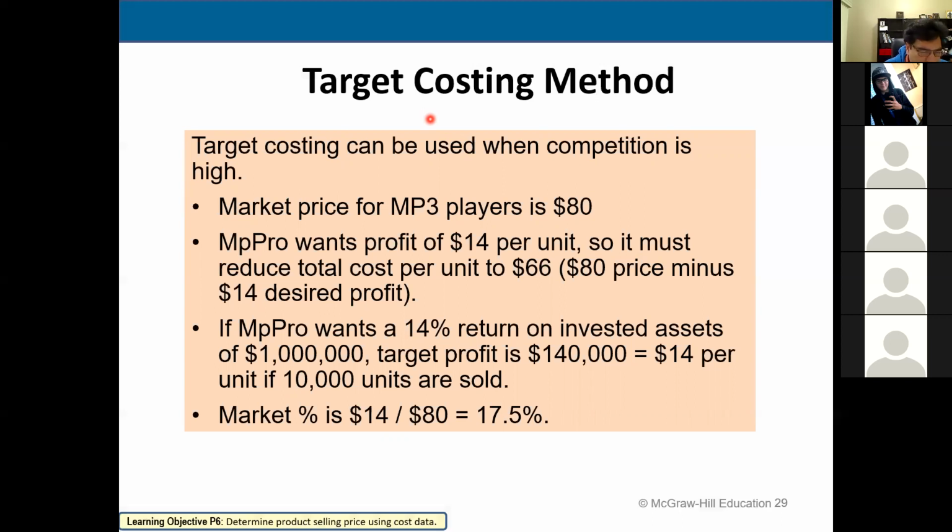Think about a Coke bottle. When you get a Coke bottle from the vending machine, how much are you willing to pay? Like $1.25. So from the vending machine, you're willing to pay $1.25.